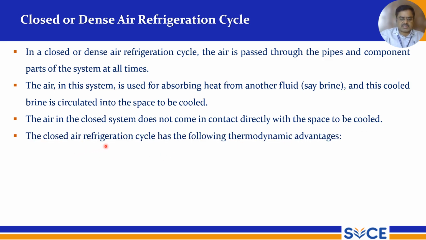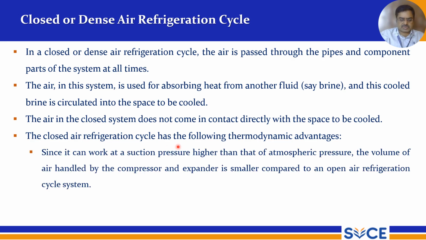The closed air refrigeration cycle has the following thermodynamic advantages. The first one is that it can work at a suction pressure higher than atmospheric pressure. The low volume of air handled by the compressor and expander is smaller compared to an open air refrigeration cycle system. So this is a very good advantage.